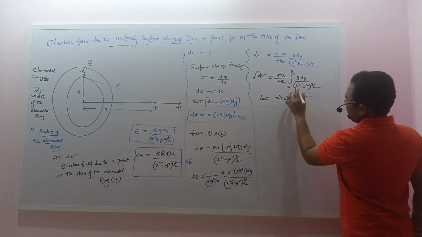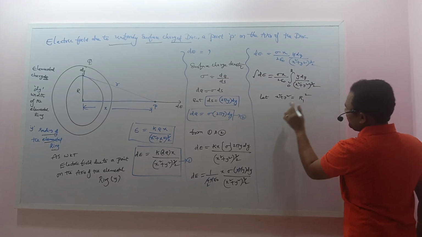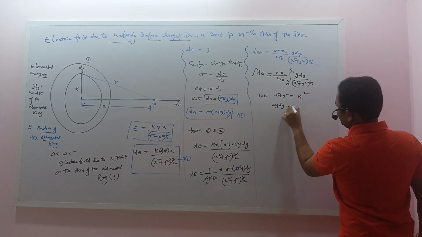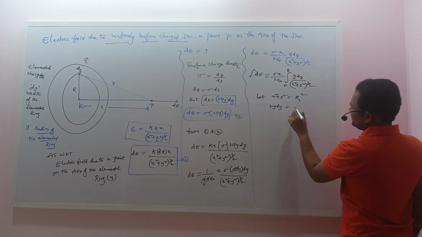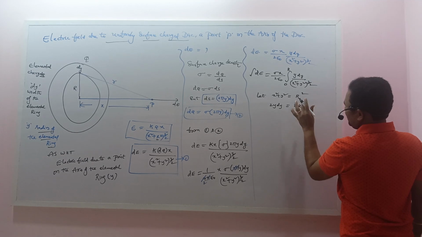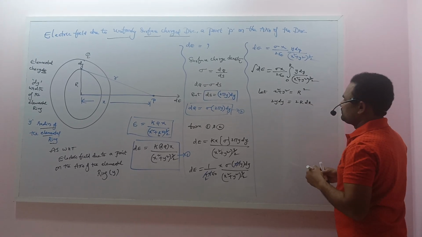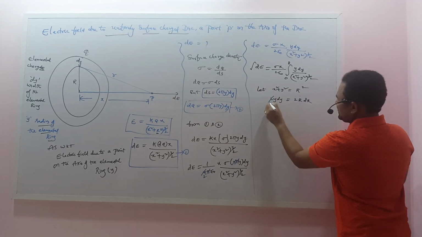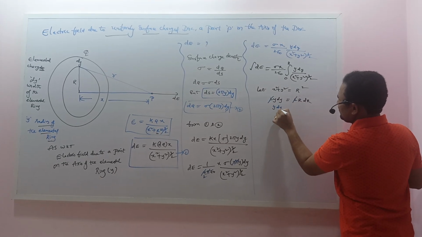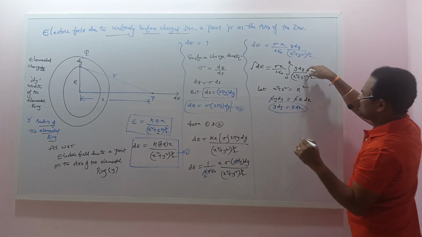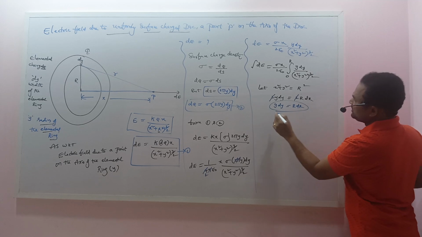Then 2y dy is equal to 2r dr, so 2 cancels and y dy is equal to r dr.